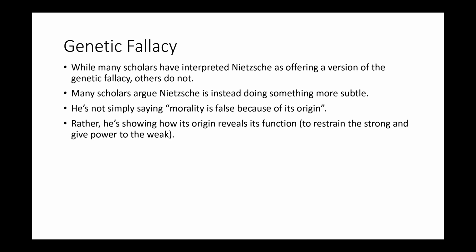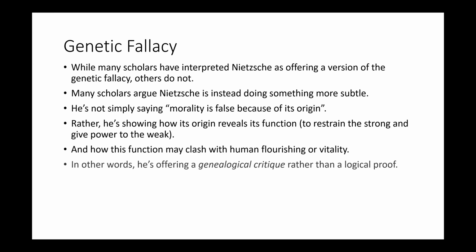Of course, Nietzsche does still reject this sort of morality, as well as the sort of function that may be revealed by its origin. Specifically, Nietzsche does argue that this sort of function clashes with true human flourishing and true human vitality. So, if that's correct, then it may not be committing the genetic fallacy. Another way of putting this is he may be offering a kind of genealogical critique rather than a logical proof, right?